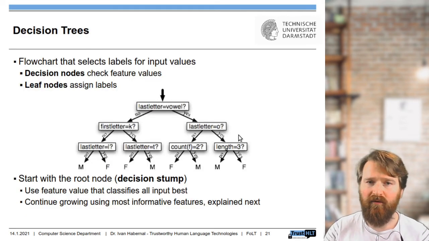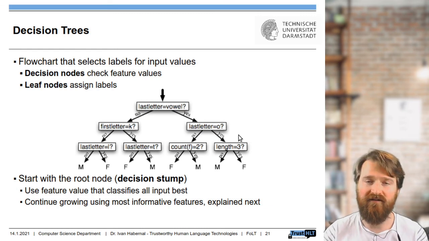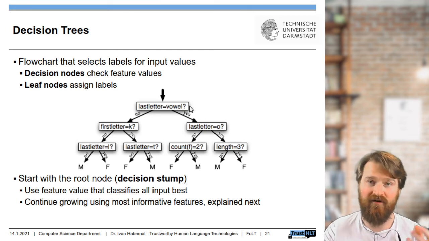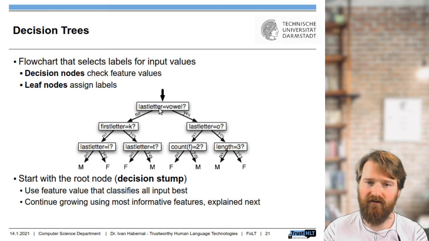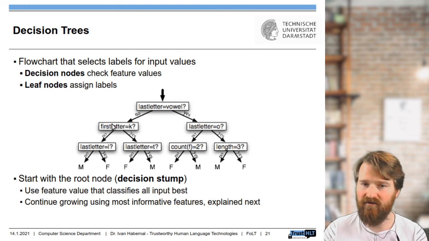One very popular class of classifiers is decision trees, which basically correspond to branching if-else decisions based on the features. For example, here the feature would be whether the last letter is a vowel, and if the answer is yes, then we go here and check other features, and now we branch in the other direction.